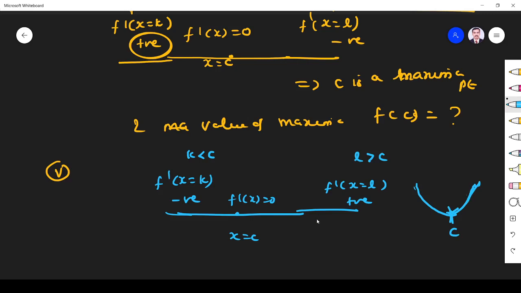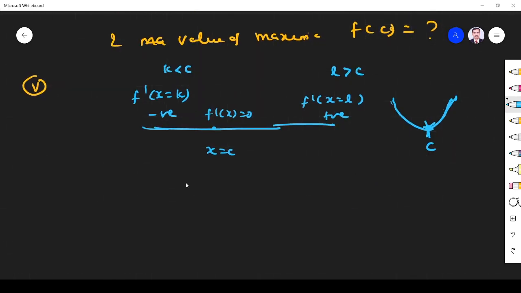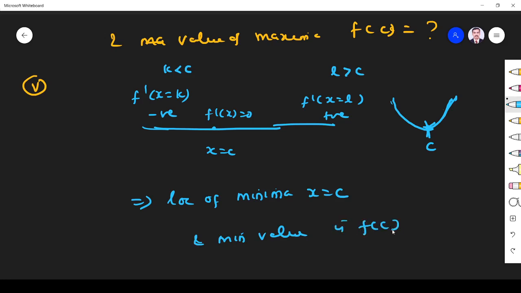So my point c is minima here. So this gives the location of minima, x is equal to c, and the minimum value is f of c. Right? I hope you understand the concept.